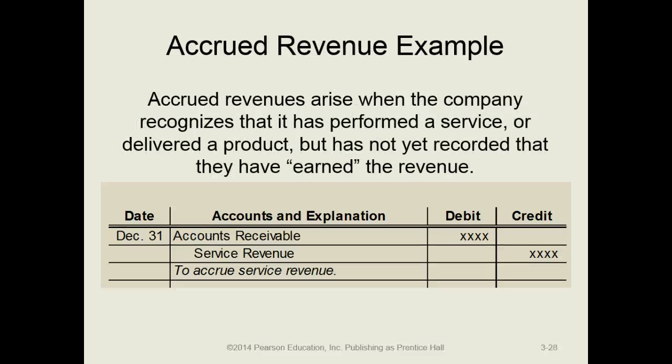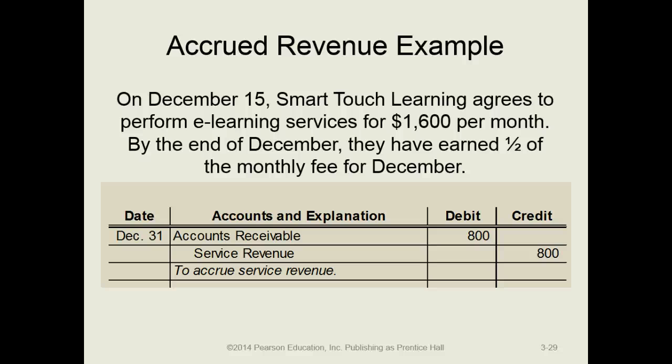Accrued revenues work very much the same way. In this case, you have earned something over the period, but it hasn't been accompanied with an explicit transaction. So for example, here you agreed to perform e-learning services for $1,600 per month.